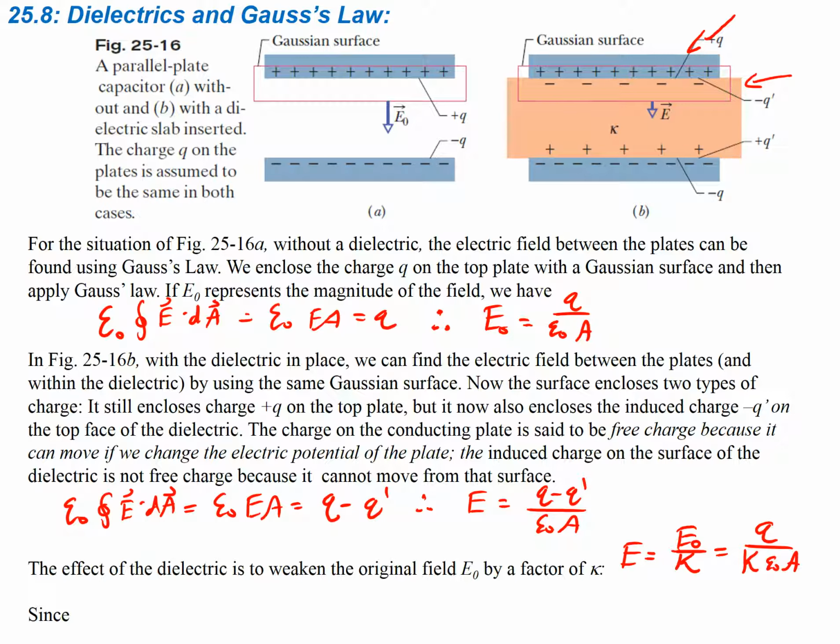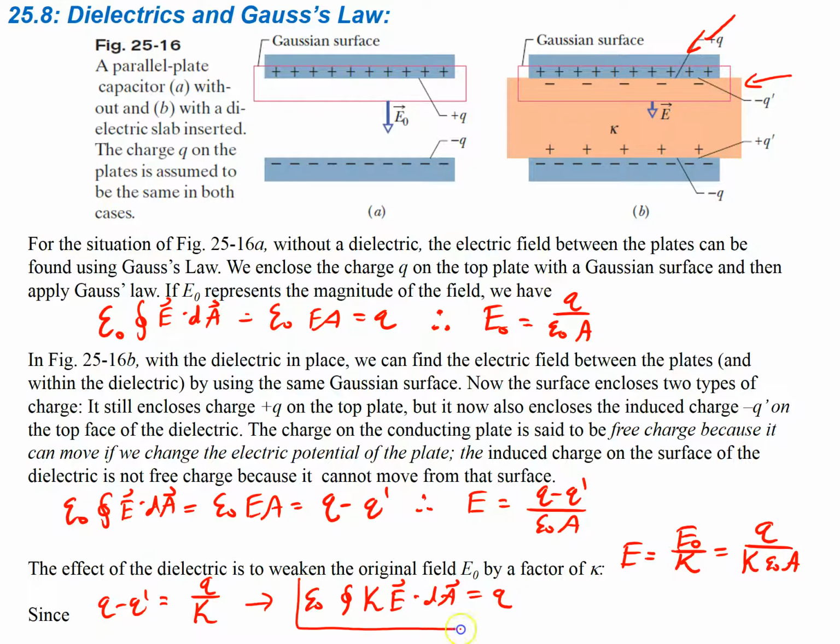Okay, so therefore we can write Q minus Q prime, which is the difference, is just going to be Q divided by kappa. All right, so Gauss's law is going to be epsilon naught times the integral of kappa times the electric field dot dA is equal to Q, where Q is just going to be the charge on the plate.